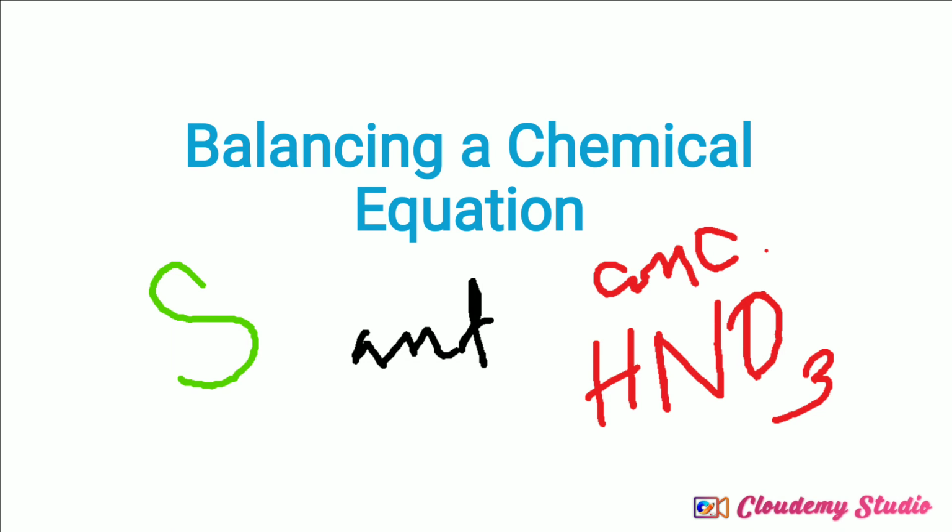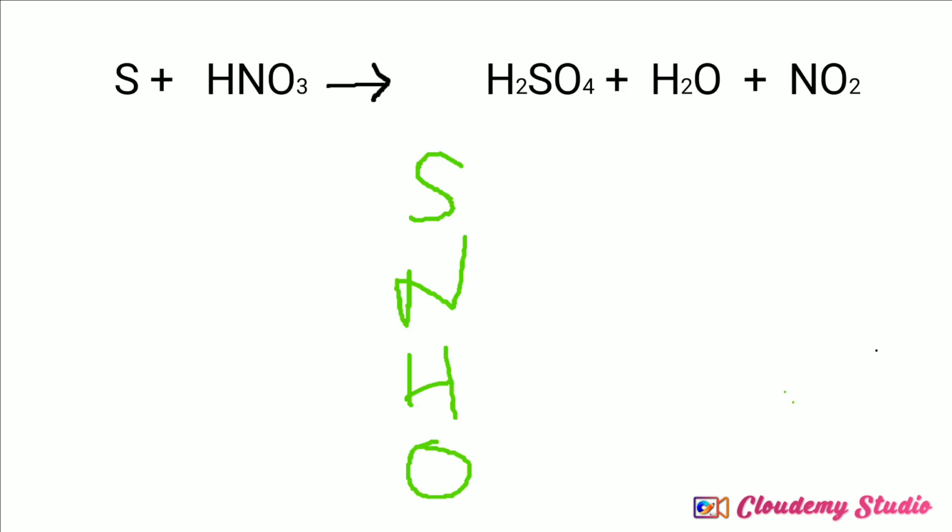Hello friends, let's balance one more chemical equation. This equation is for the reaction between sulfur and concentrated nitric acid. The reaction is sulfur plus HNO3 gives H2SO4 plus H2O plus NO2.